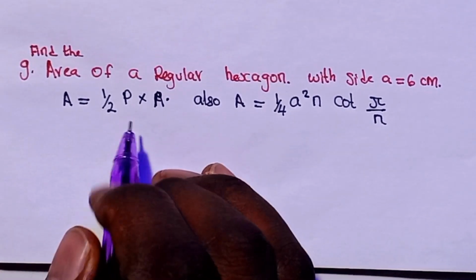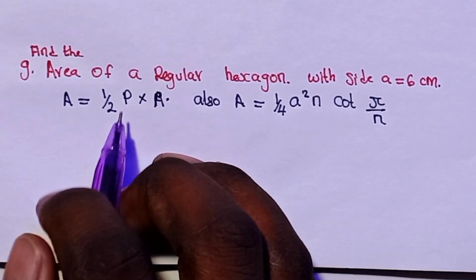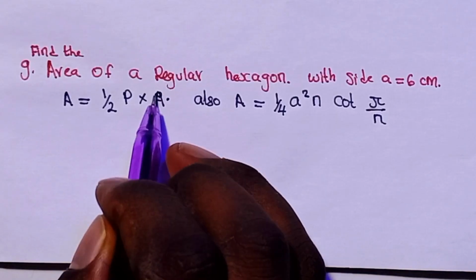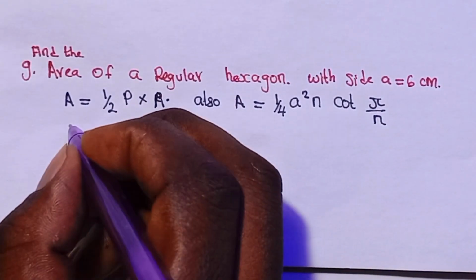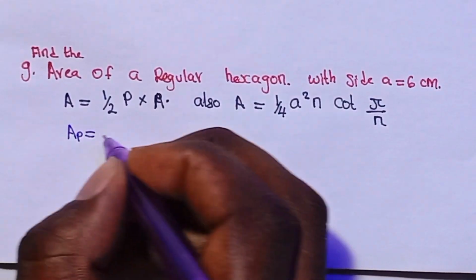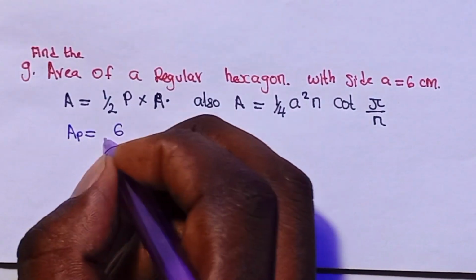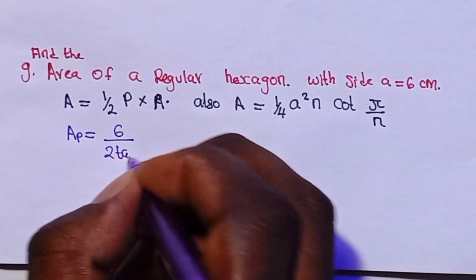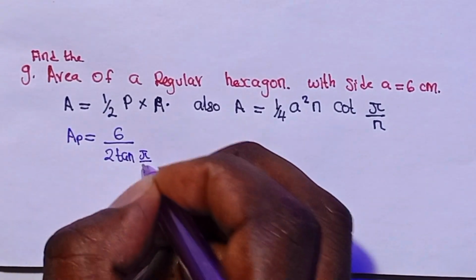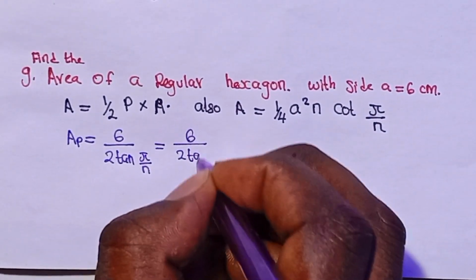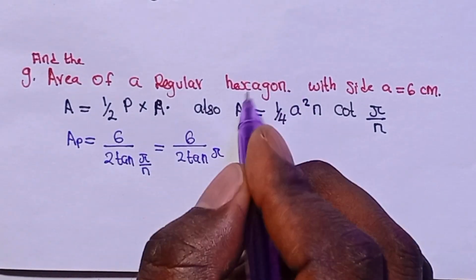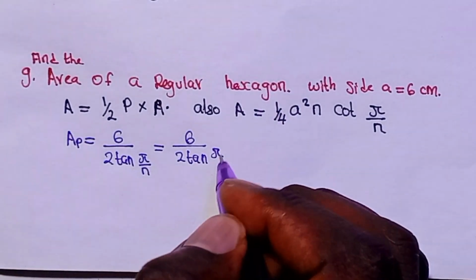So starting with this, let's find the apothem. The apothem, I'll refer to it as AP, is given by 6 all over 2 tan pi all over n, which is equal to 6 all over 2 tan pi all over 6, since a hexagon has 6 sides.